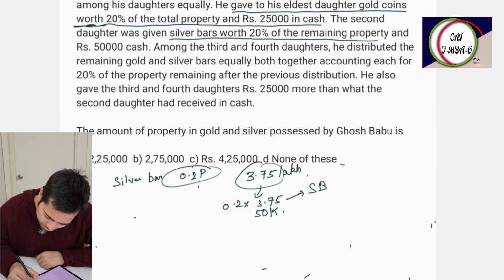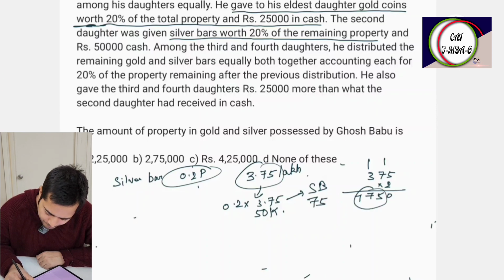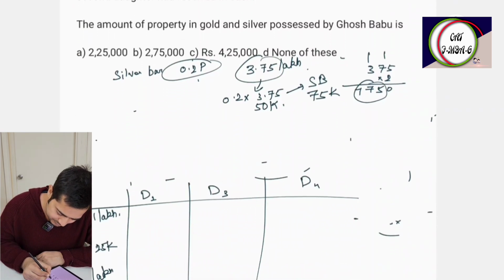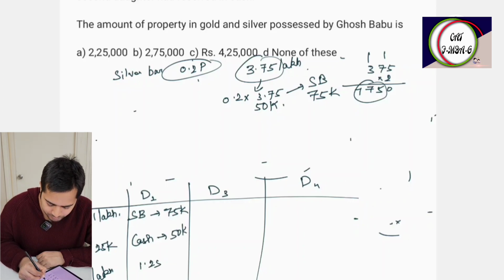So 375 into 2 gives around 75k. So daughter 2 gets a silver bar of 75k and cash of 50k. So the total is 1.25 lakh.